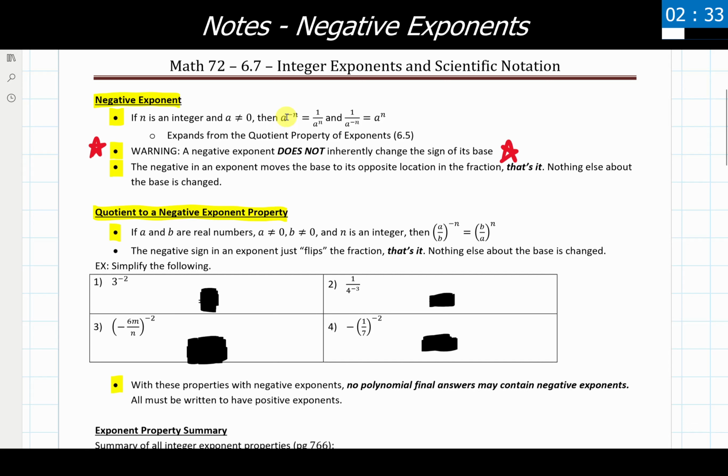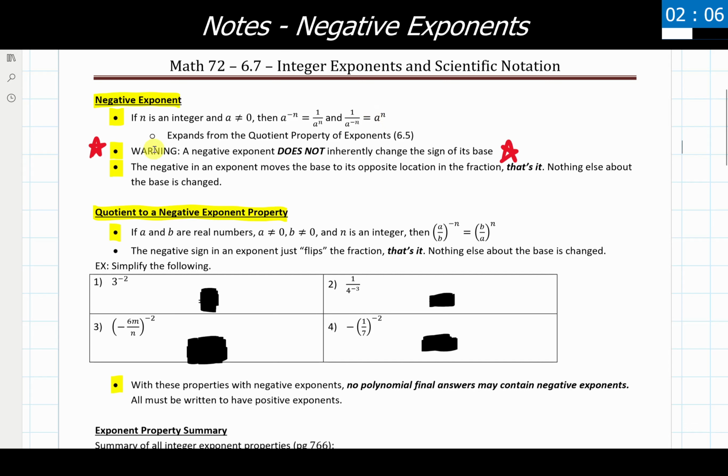The negative exponent moves the a into the denominator spot, and that's all the negative exponent does. In contrast, in our second quick example and definition, we have 1 over a to the negative n power. When I apply that negative exponent, that a moves from the denominator of the fraction into the numerator, giving me just a to the n as my final answer.